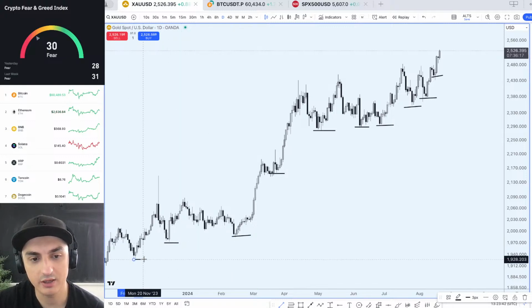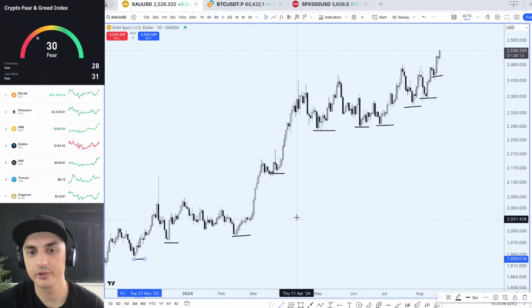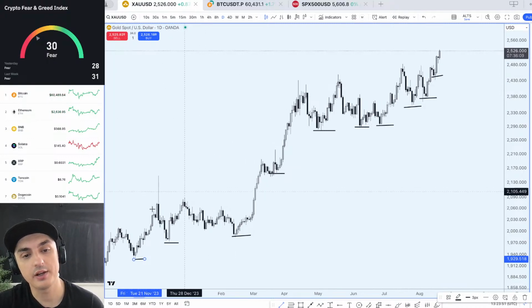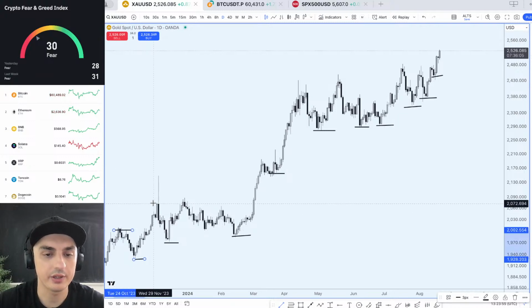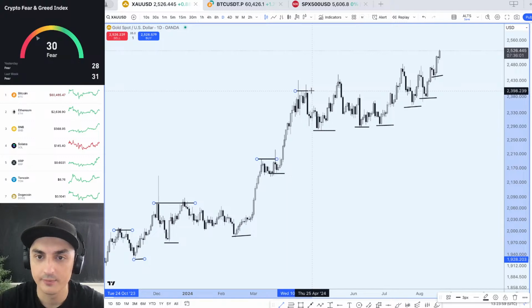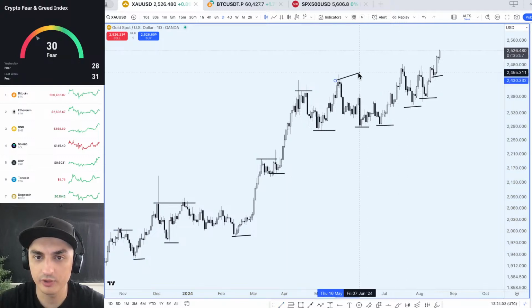Since last year, we got only higher lows all over gold, and we got the higher highs pretty much everywhere. You can see there the market is in a clear uptrend.